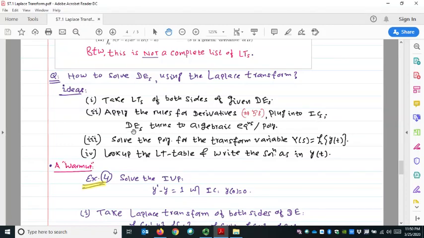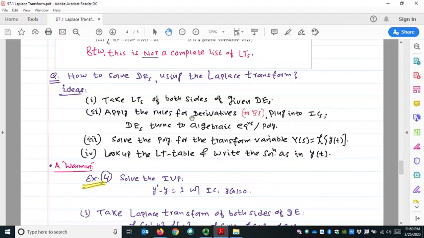Then your differential equation turns into an algebraic equation. This algebraic equation is in the frequency domain, which has the variable s. Then solve that algebraic equation for the transform variable capital Y of s, which is the Laplace transform of little y of t. Then find the solution in the s variable, look up the Laplace transform table, and write the solution as little y of t.